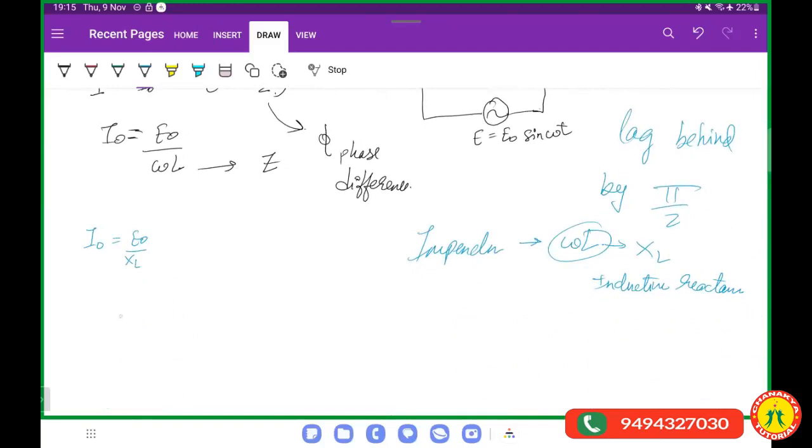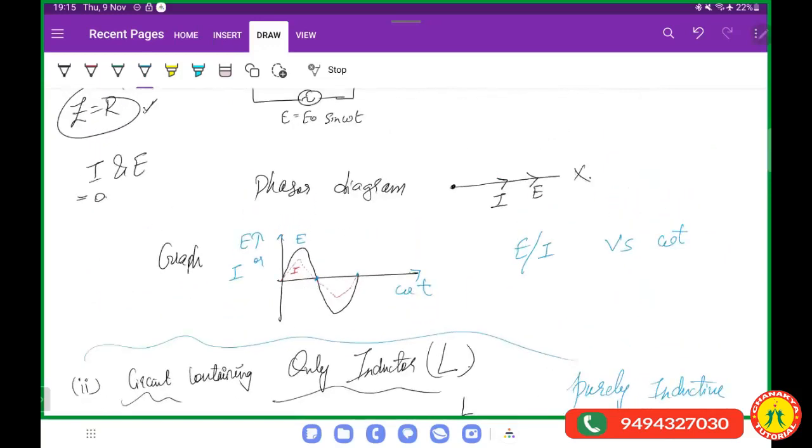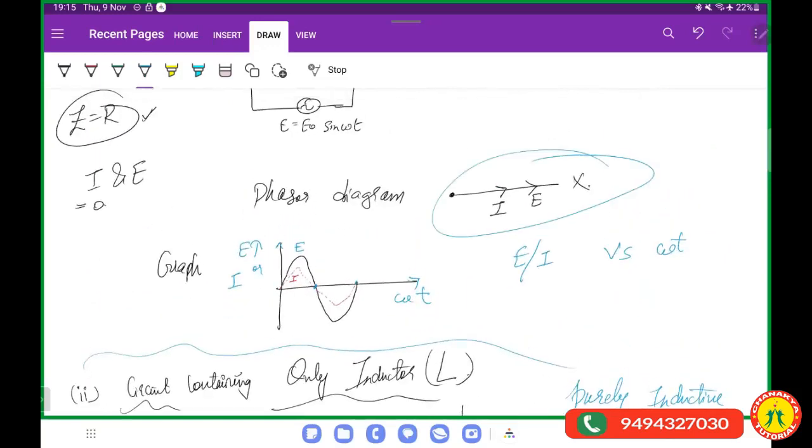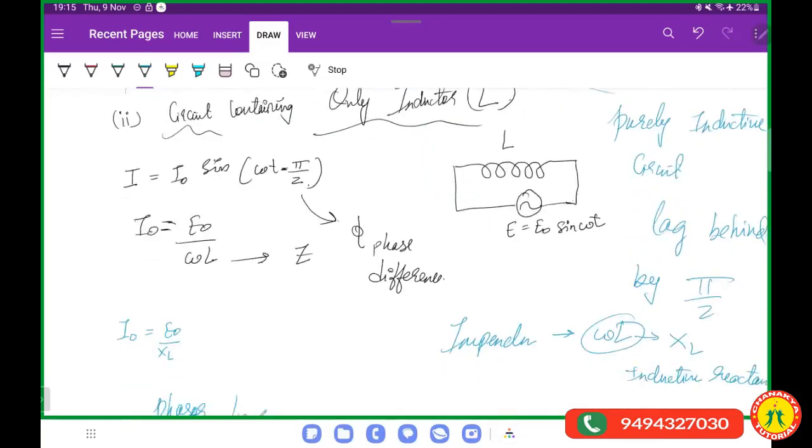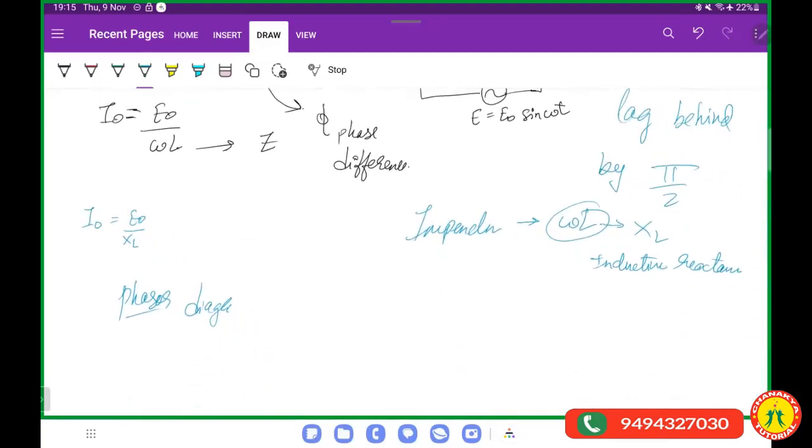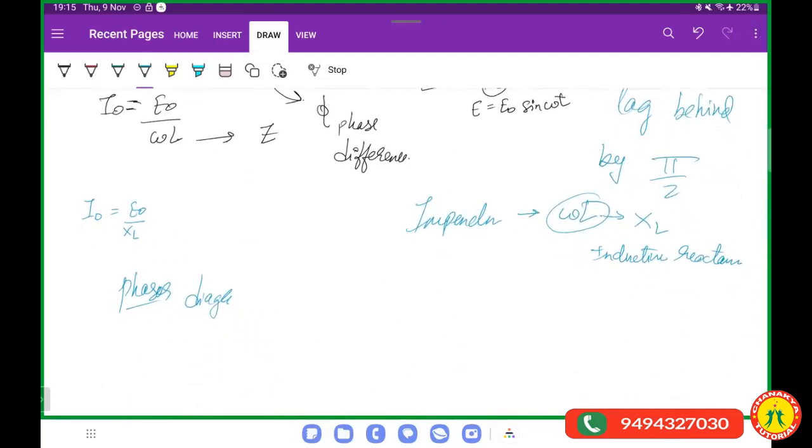No, but the phasor diagram. See here we drew one line. There we said, okay, I and E are in the same phase. Now, how to make this a 90-degree lag?